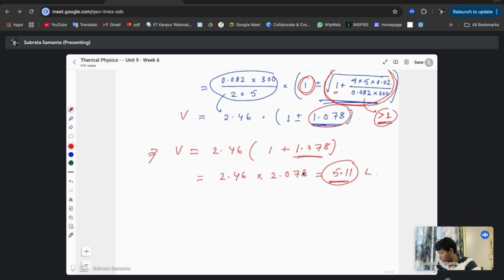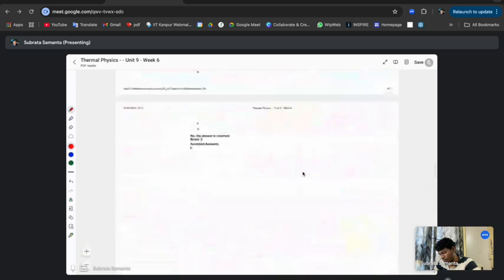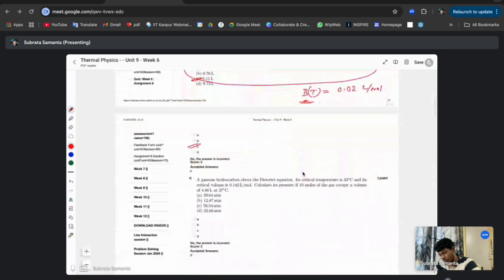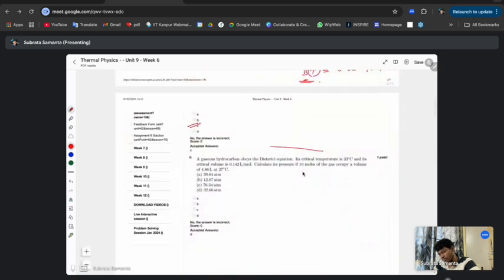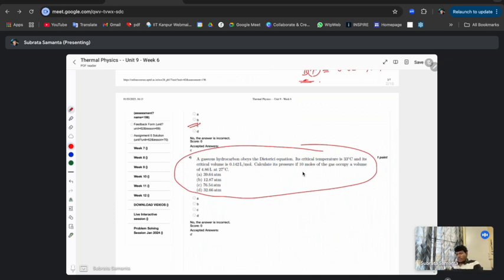Okay, so I will move to the next question. Question number 4. In this question, a gaseous hydrocarbon obeys the Dieterici equation. So this is not van der Waals, it's the Dieterici equation, another equation of state for a real gas.